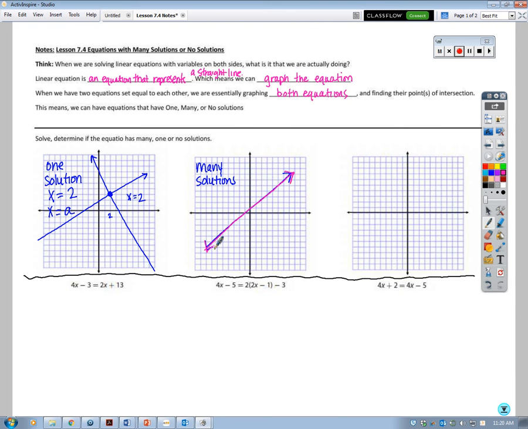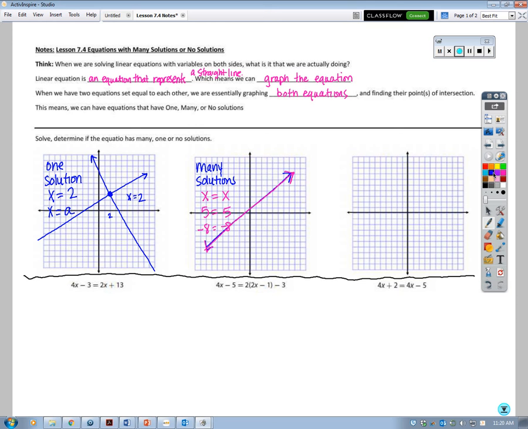So it's going to be one line that lies on top of another line. So when I solve this, I'm going to get a true statement, and I'm going to get something like x equals x, or 5 equals 5, or -8 equals -8. So that's what it's going to look like when you solve this equation and have many solutions.